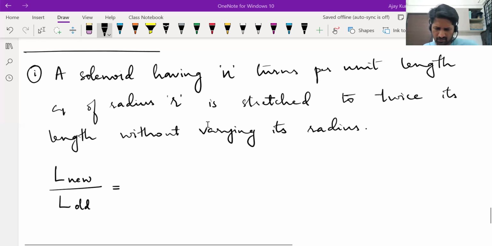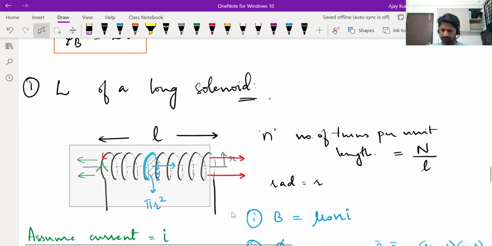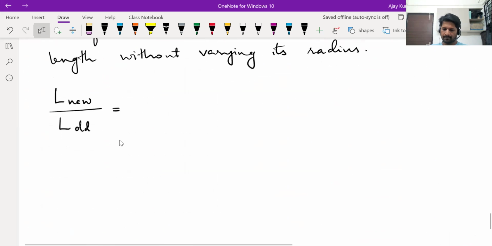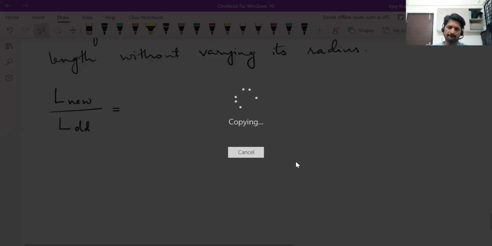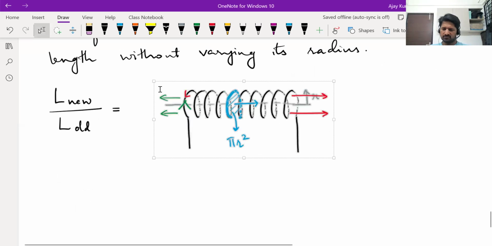Okay, I got only one answer so far. 2:1. We'll see. See, we are stretching the solenoid. I can use this diagram maybe. Visualize the situation carefully and then it's done.